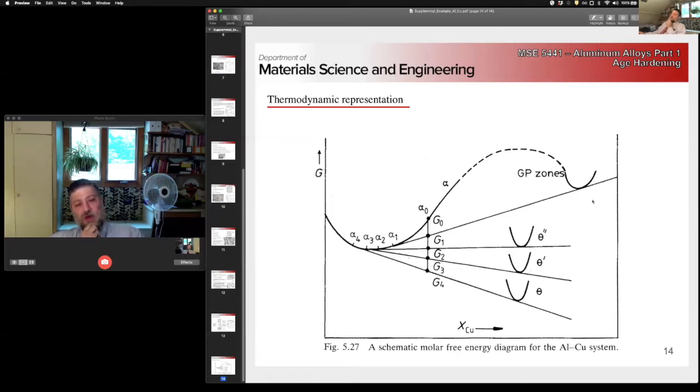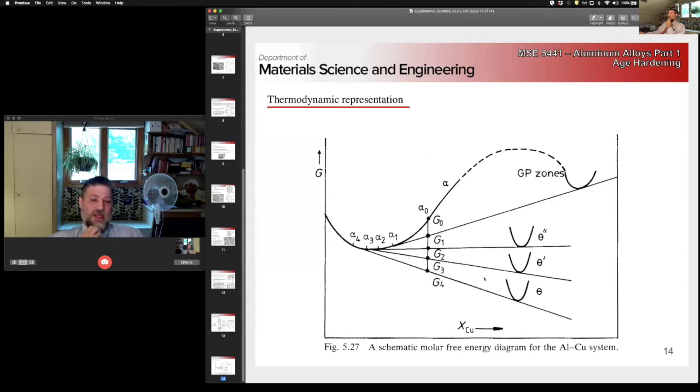right? So what happens is, as we go here, if we do our lever rule, we'll see that the volume fraction of these precipitates is much higher than the volume fraction for the GP zones, right?